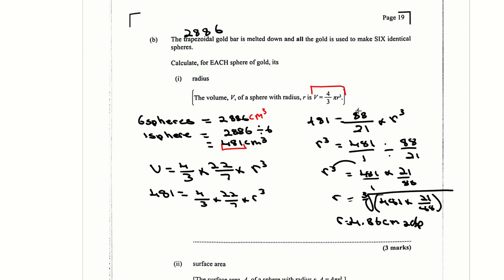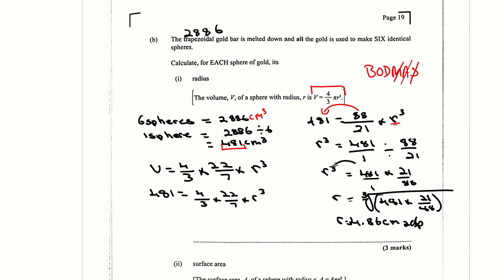So I will carry this across to make r the subject. Again, we go backwards from BODMAS. Is there subtraction? No. Is there addition? No. Is there multiplication? Yes. You're carrying that across, which turns to divide by. So 481 divided by 88 over 21 is r cubed.